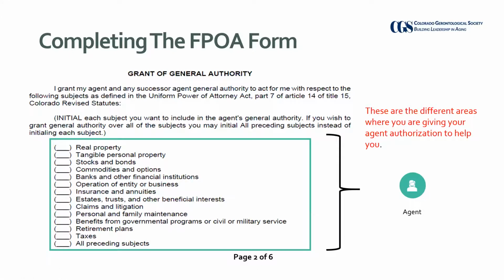The one that I do highly recommend for everyone to consider including is benefits from governmental programs or civil or military services. So if you need to go into a nursing home or assisted living, and there are all the financial questions that come into that, whether you're able to pay or not, or if you need to spend down, there are a lot of steps to go through.